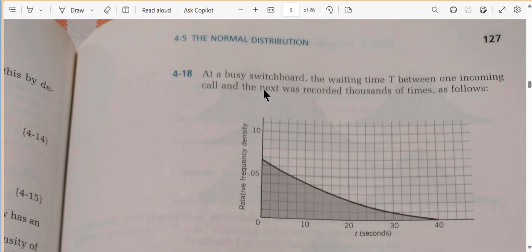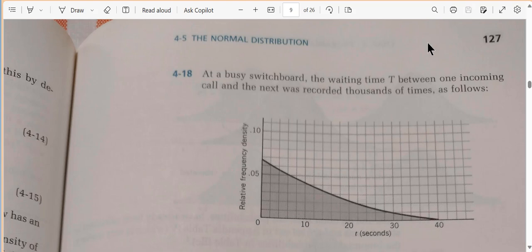At a busy switchboard, the waiting time t between one incoming call and the next was recorded thousands of times as follows. So this is an approximation of what actually happened. They're calling it a relative frequency density, but it's also a probability density function.